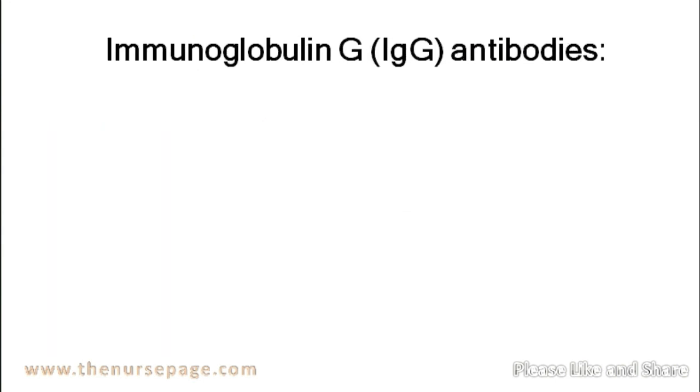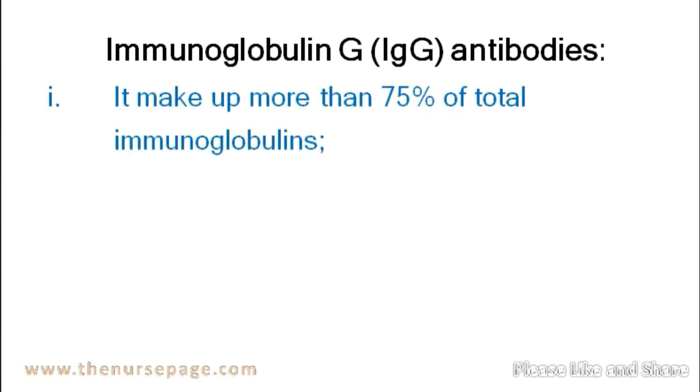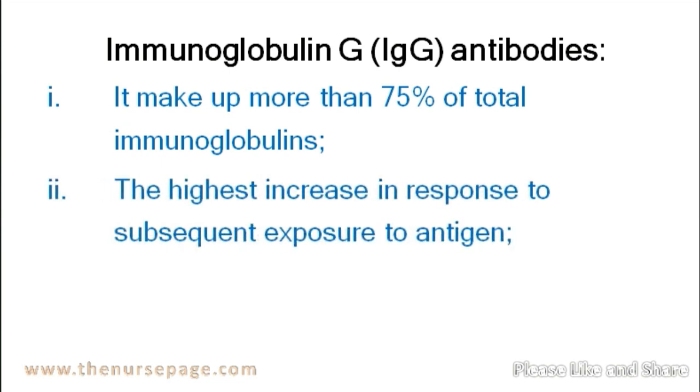Next is immunoglobulin G, or IgG antibodies. IgG makes up more than 75% of total immunoglobulins. It shows the highest increase in response to subsequent exposure to antigen.